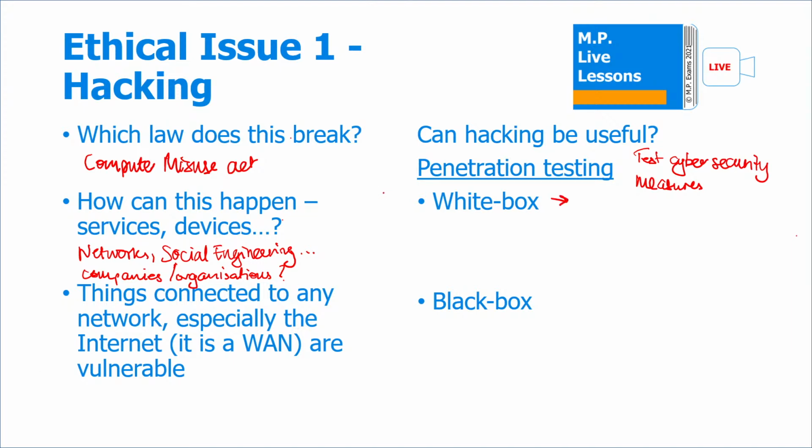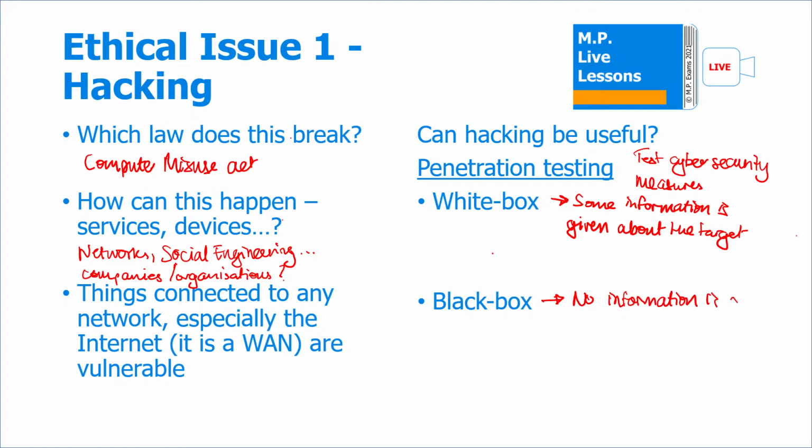So white box is where some information is given, while black box, no information is given. For example, the hacker will have to try and obtain it.